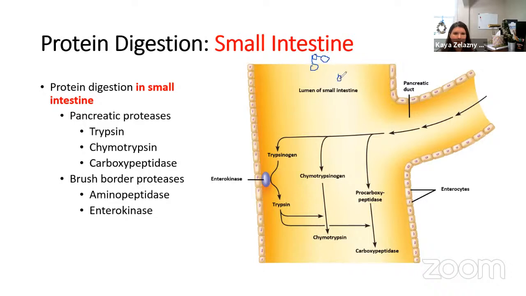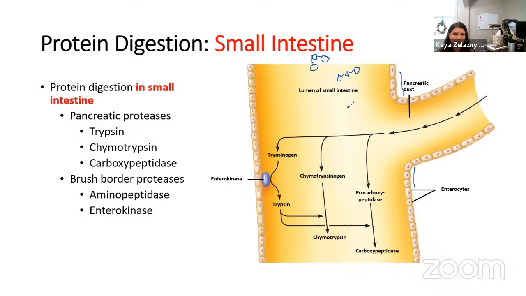Okay. And let's say we're in the duodenum, because we can see here our pancreatic duct coming in. Right, so the pancreatic duct coming into the duodenum. Okay. So coming in through that pancreatic duct are all of our pancreatic proteases.